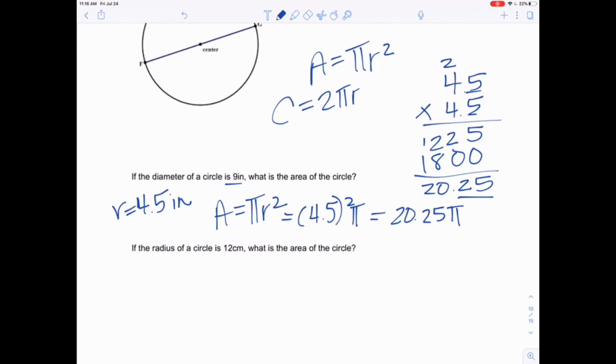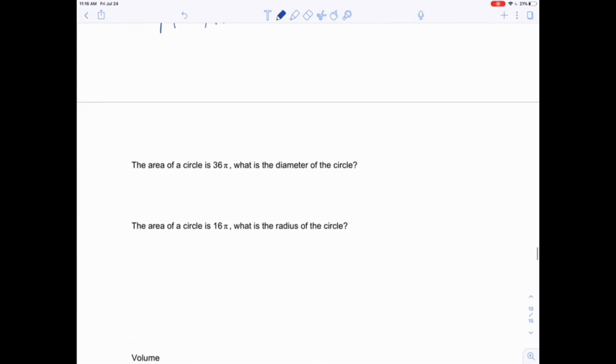It says if the radius of a circle is 12 centimeters, what is the area? Once again, area equals pi r squared. So 12 squared times pi, and 12 times 12 is 144 pi. Okay, super easy, right?